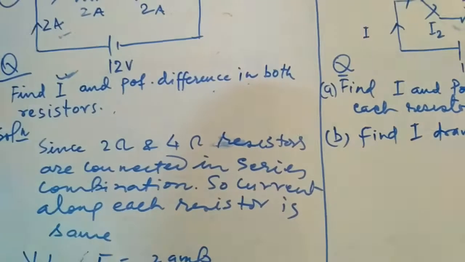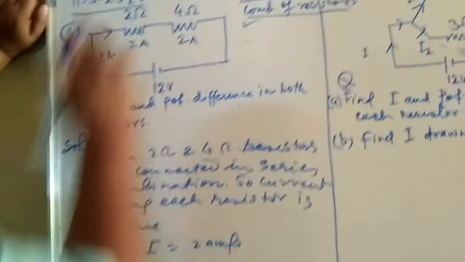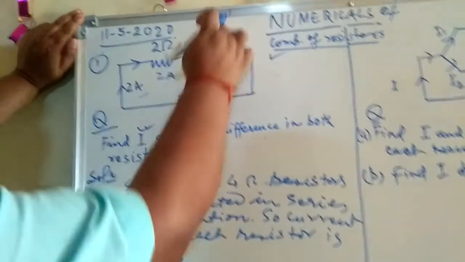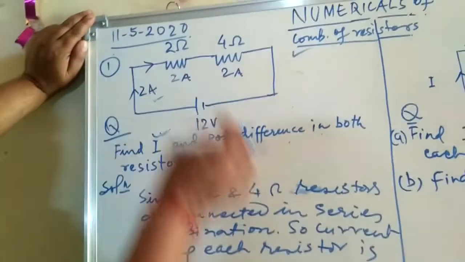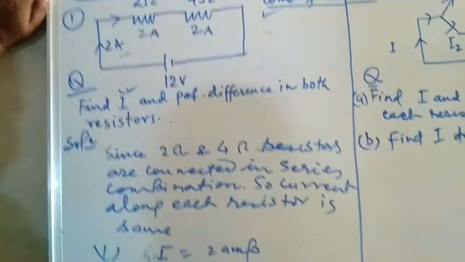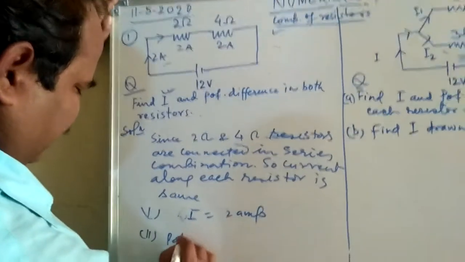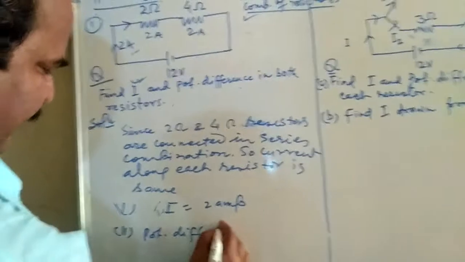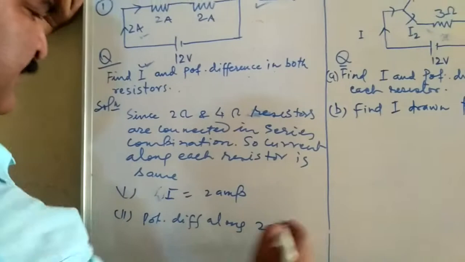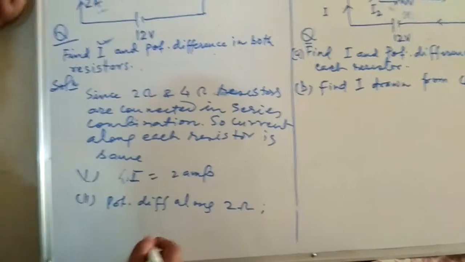Now second, find the potential difference in both cases. We want to find the potential difference along the 2 ohm resistor, according to Ohm's law.